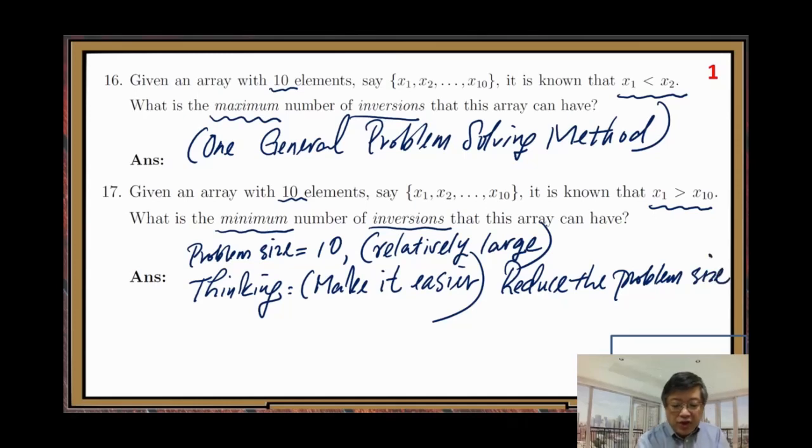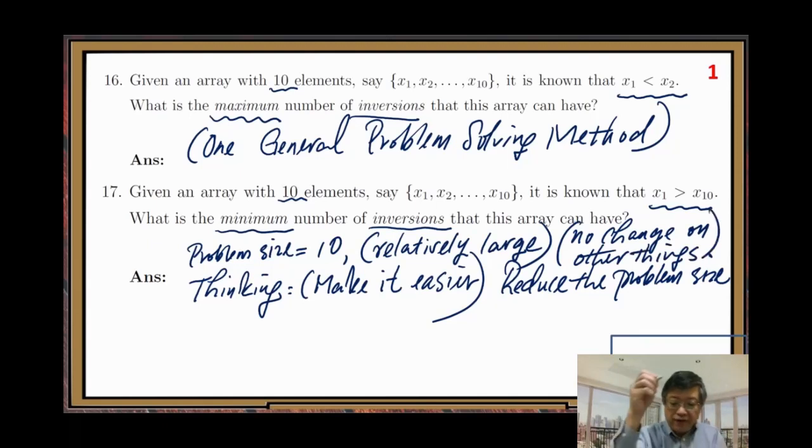We just reduce the problem size, but we keep everything else. We do not change anything else. So only change one factor, the problem size factor. No change on other things, only problem size.